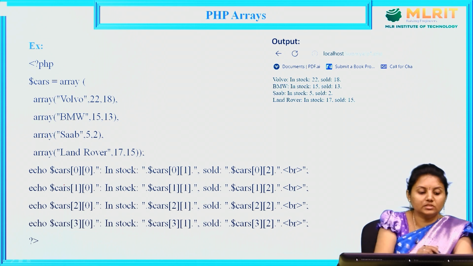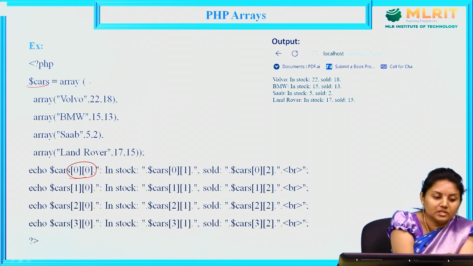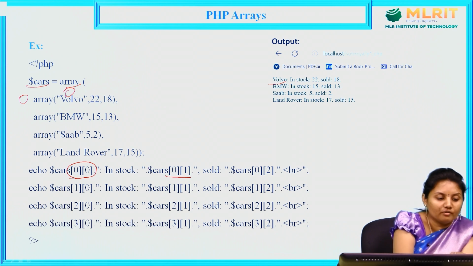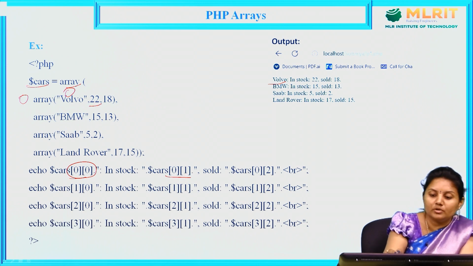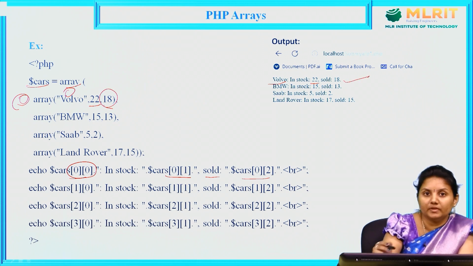So, cars of 0 of 0: cars of 0 means this array index, this is 0, and 0 of 0 means Volvo. Then in stock, cars of 0 of 1 means 22. Then sold, cars of 0 of 2 means 18, so that 18 will get printed.